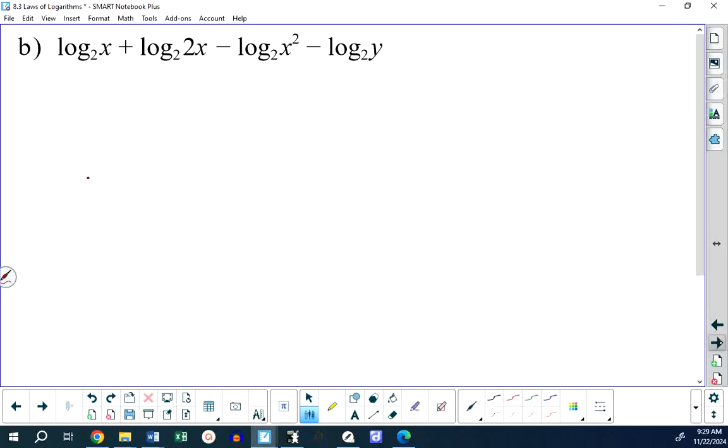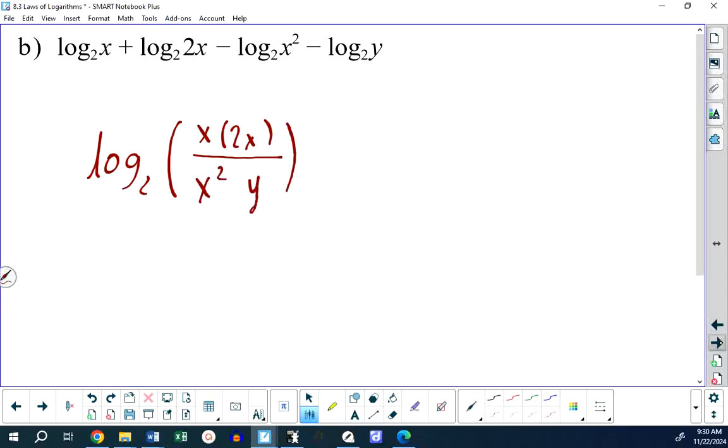Well, this is going to be log base 2. We have an x which will go on the top because it's a positive logarithm, base 2 of x. We have a 2x that will go on the top. We have an x squared that will go on the bottom, and we have a y that will go on the bottom.